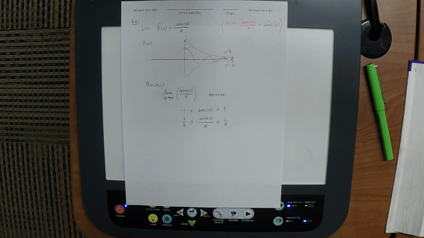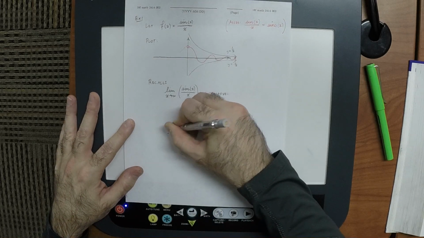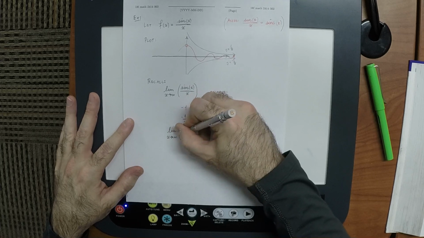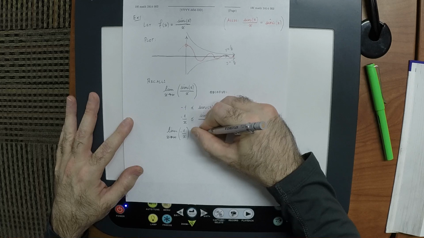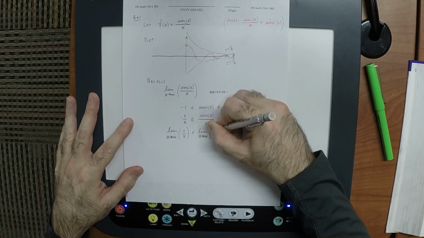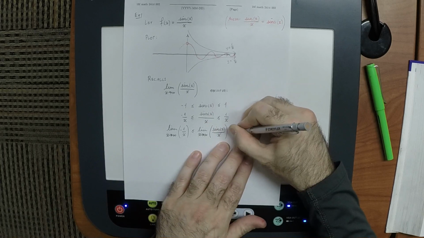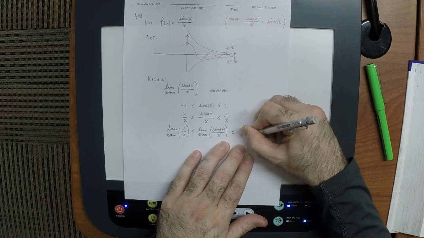So now we can compute the limit of every position. The limit as x goes to infinity of -1 over x must be less or equal to the limit as x goes to infinity of sine of x over x, which must be less or equal to the limit as x goes to infinity of 1 over x.